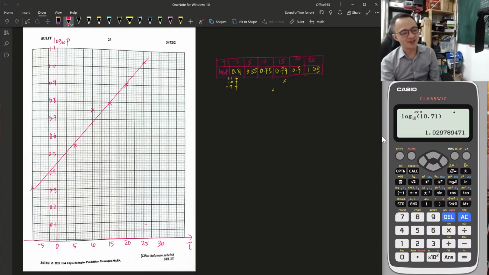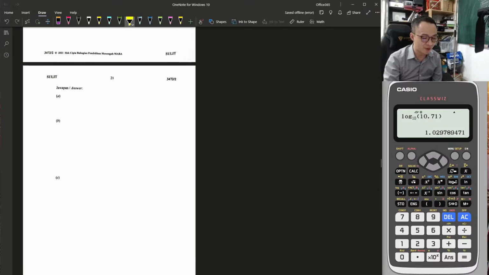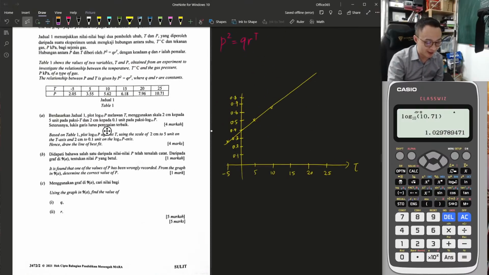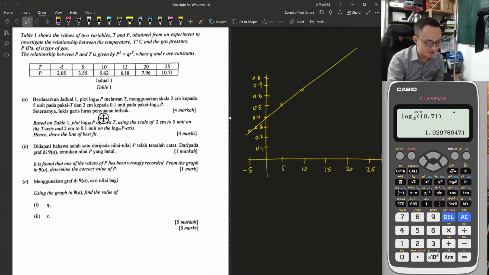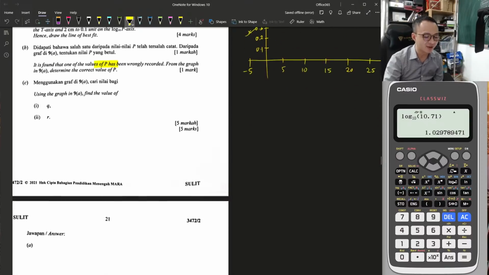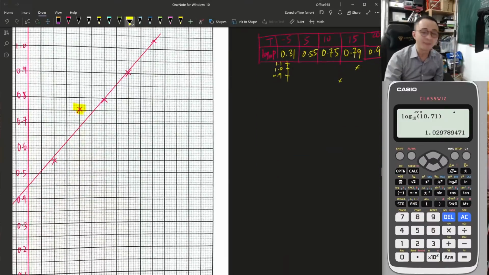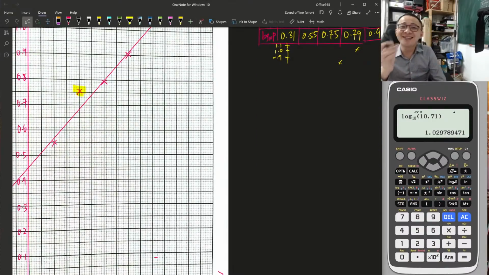So obviously we can see there's one point that is not so perfect, isn't it? This point is super far from the line I want to draw, so I will assume this is the wrong point here, because in part B they say that one of the values of P has been wrongly recorded from the graph. Determine the correct value. They only say the P value has a problem, not the T value.